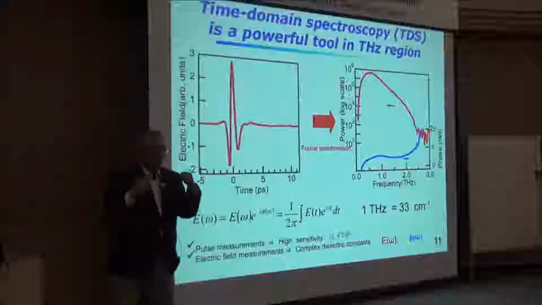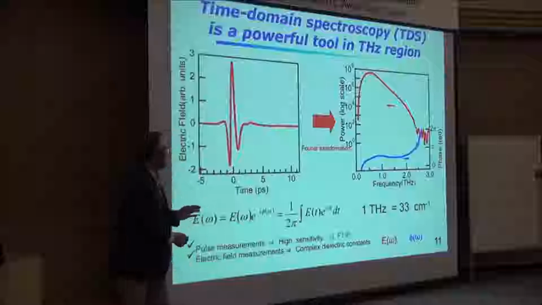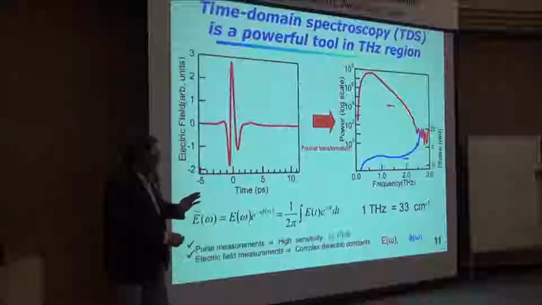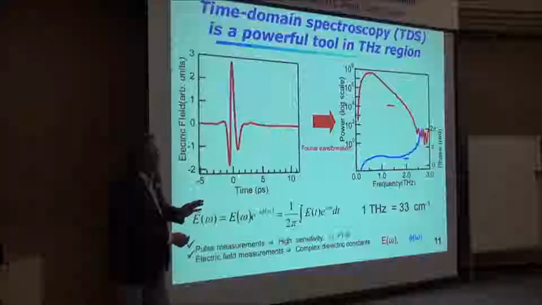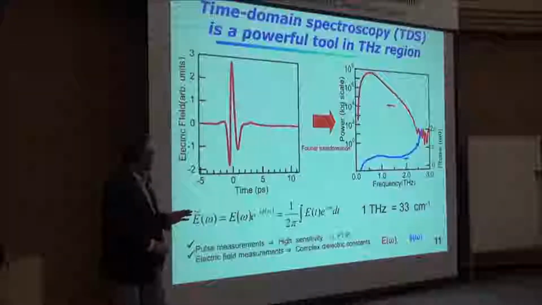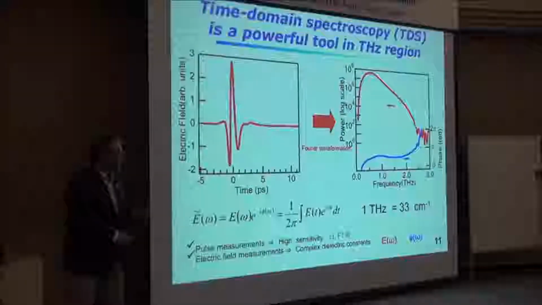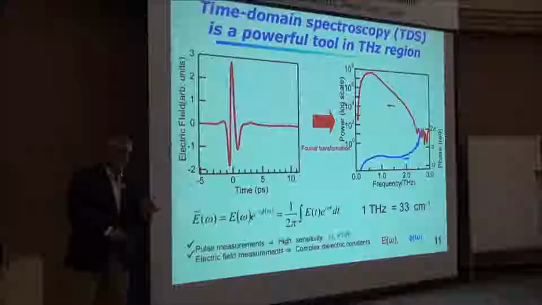So this means that we can precisely determine the phase of the wave like this. This blue one is a phase spectrum. So we can precisely determine the amplitude of the electric field and the phase.